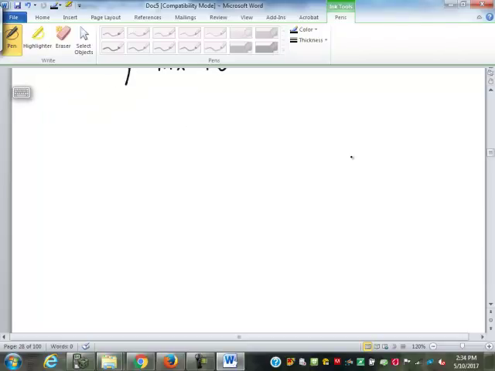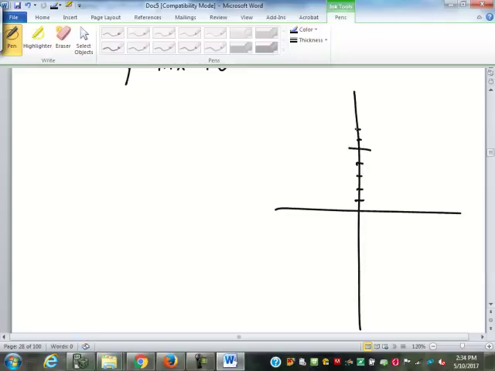So, I'm going to sketch out a graph here again. So if I give you an equation like y equals negative 2x plus 3, where am I going to start with that one?